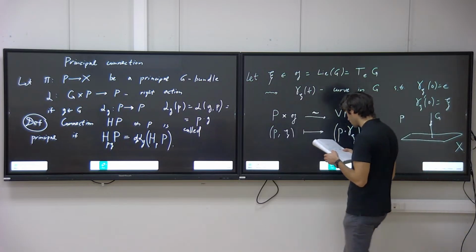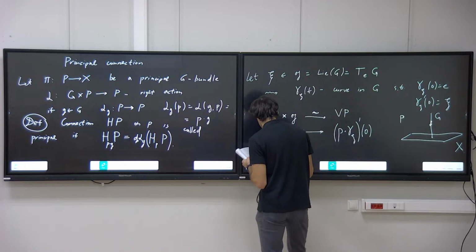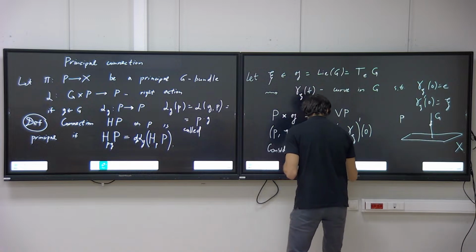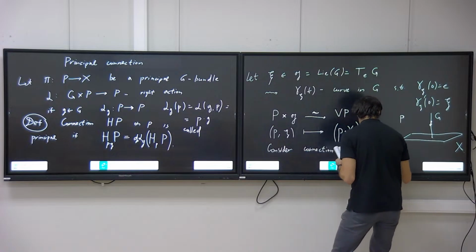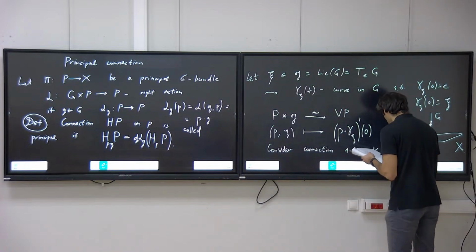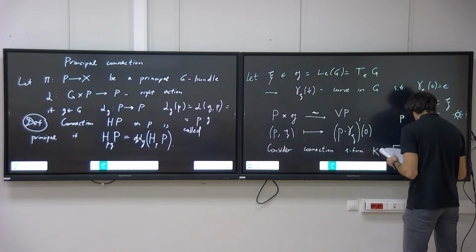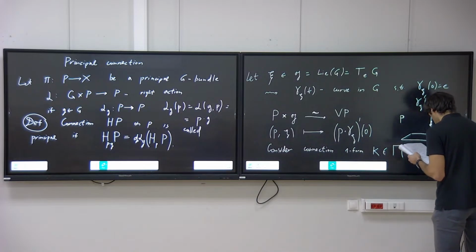Right, but also I have the connection one form K, right? So consider the connection one form K. This is a section of T star P tensor VP.